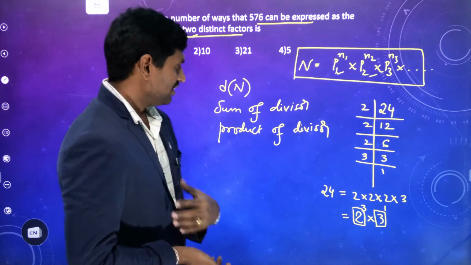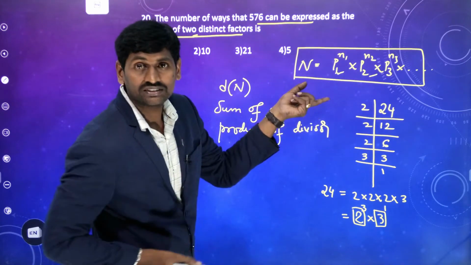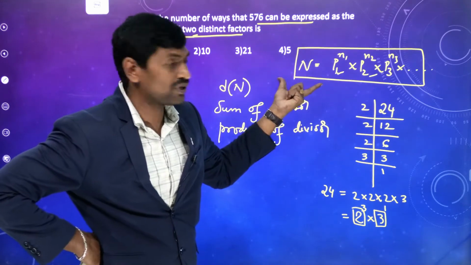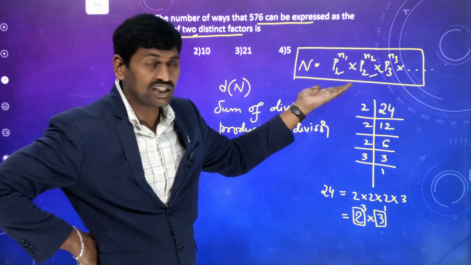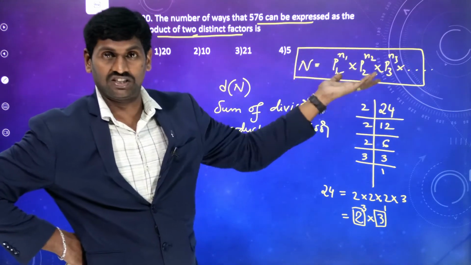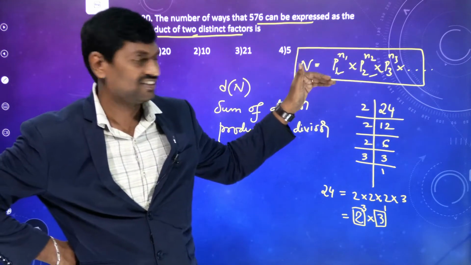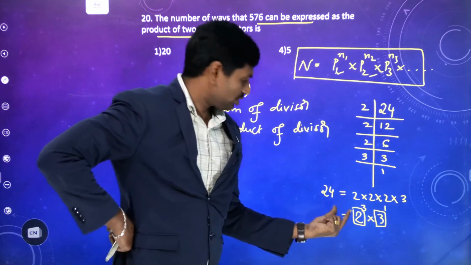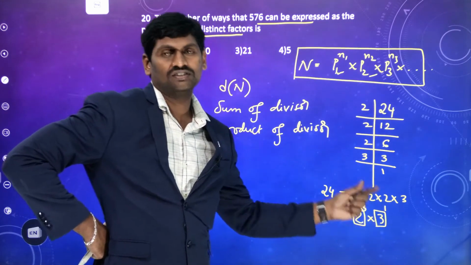Now, compare this with the general form. N is a composite number, and it can be expressed as P1, P2, P3 with their respective powers. Got my point? So 24 can be expressed as 2 cube and 3 power 1.